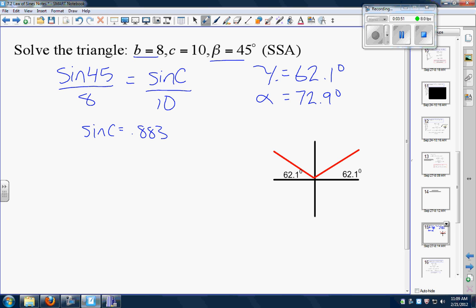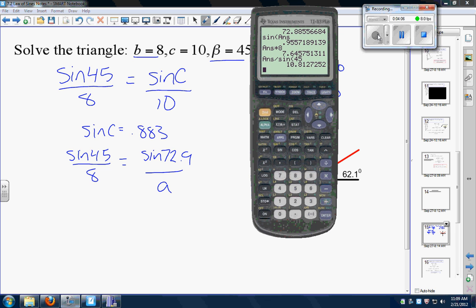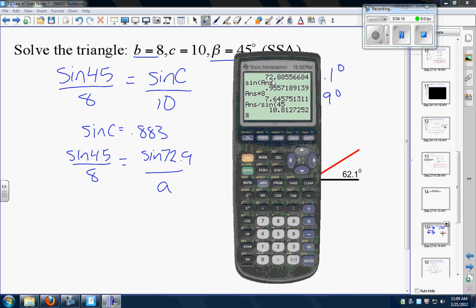So the only thing missing here is side a. I'm going to stay with the ratio I was given in the problem. I did all the math there for you on the calculator. Cross multiplied, divided, side a should come out to be 10.8.